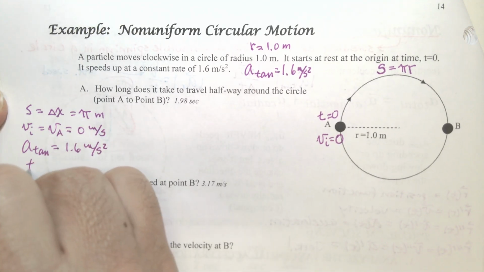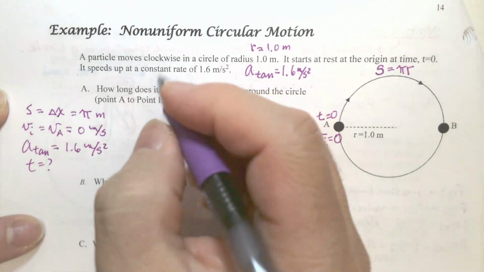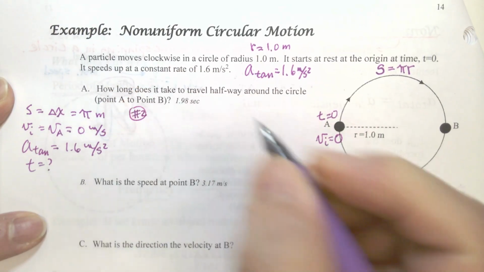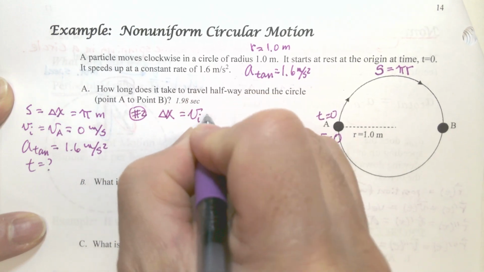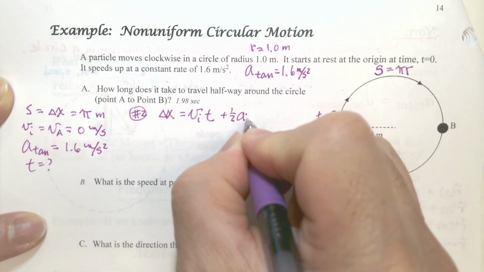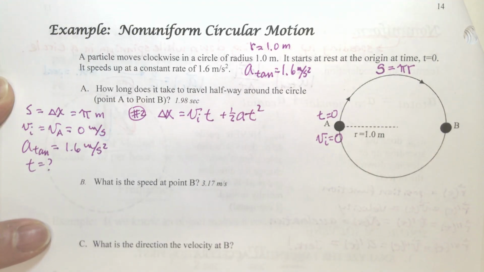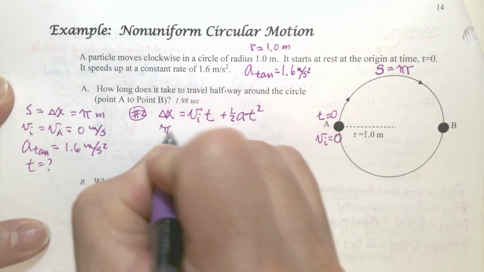We're looking for time, right? So here we can probably use equation number 2, where delta x is equal to Vi t plus 1/2 a t squared, and this a is the a tangential. Delta x is pi meters.